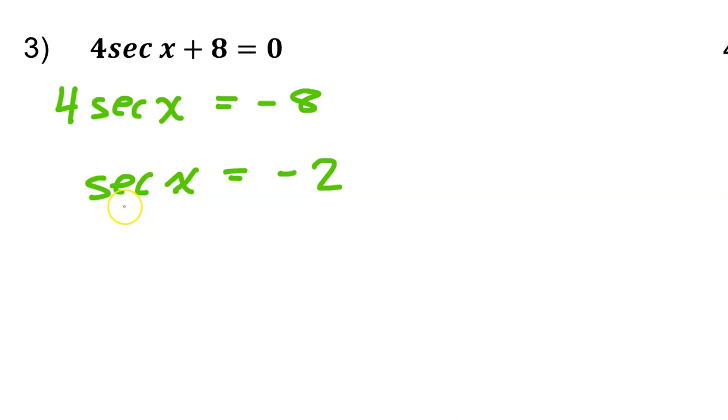Of course, we are much more comfortable with cosine than we are with secant. So let's do the reciprocal of both sides of the equation. So the reciprocal of secant is cosine, and the reciprocal of negative 2 is negative 1/2. So cosine is equal to negative 1/2.